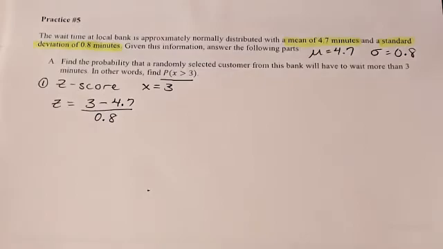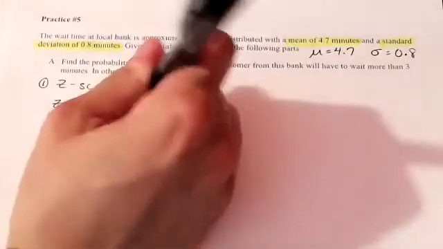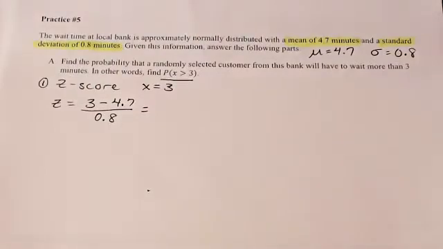Please punch this into your calculators and provide the z-score that is associated with a raw data value of 3. What do you get for this one? You can shout it out, please. Negative 1.7 something for the top part, and then divided by 0.8, what do you get when you finish that off?